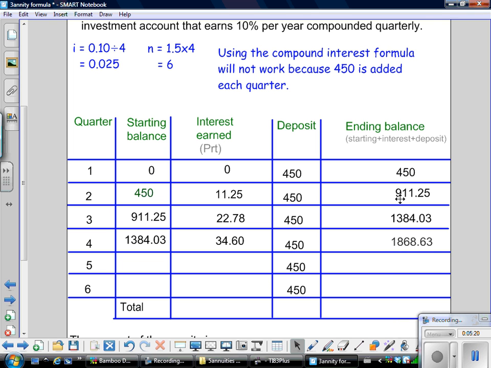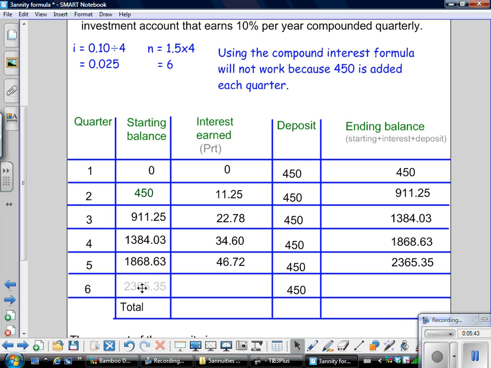Each time, you can see these numbers are increasing greatly because we keep adding 450. Again, we have this amount from our previous end balance. I make $46.72, add another 450, and have a new amount.